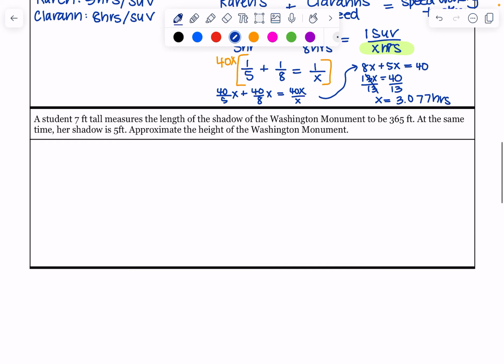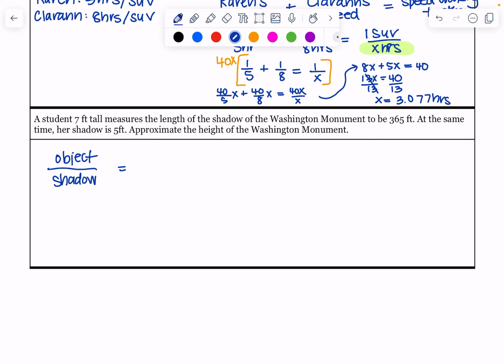Okay, a student measures 7 feet tall. Wow, that's a tall student. A student who is 7 feet tall measures the length of the shadow of the Washington Monument to be 365 feet. At the same time, her shadow is 5 feet. Approximate the height of the Washington Monument. So we're going to have object to shadow ratio.